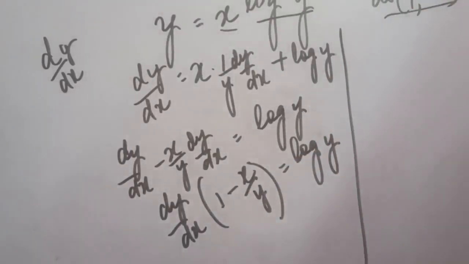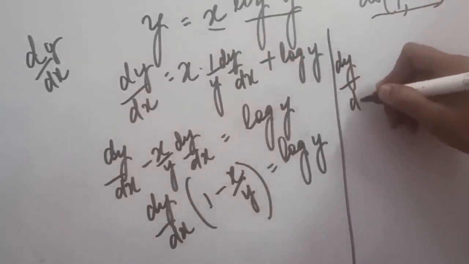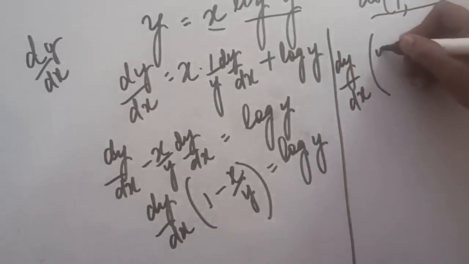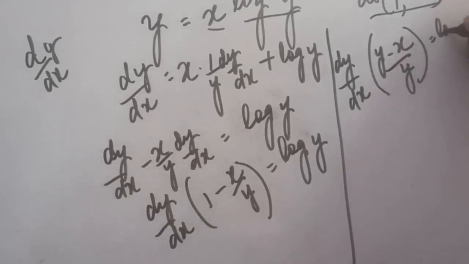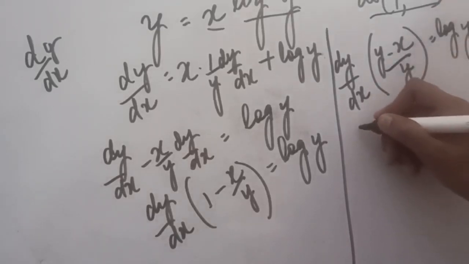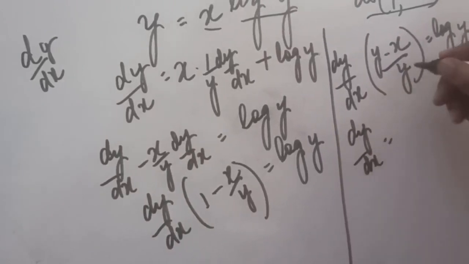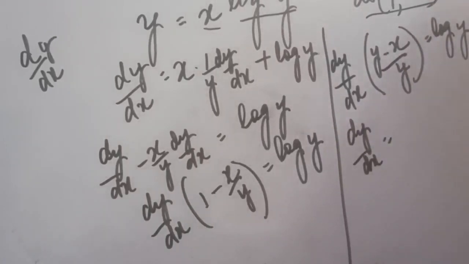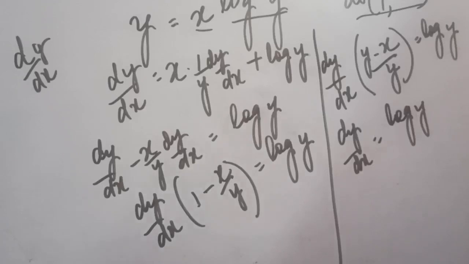In the left hand side, if we take the LCM, it will be dy over dx, and LCM will be y minus x upon y is equals to log y. Now dy upon dx finally we will calculate. It will be dividing, but ultimately it will be multiplying in the opposite way. So it will be y log y into y divided by y minus x.